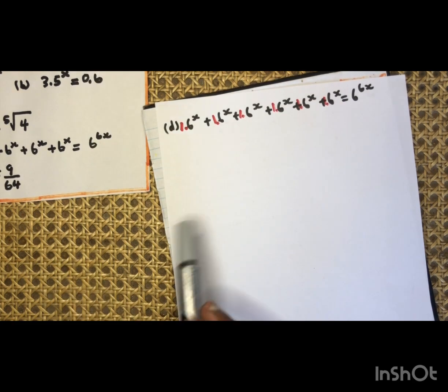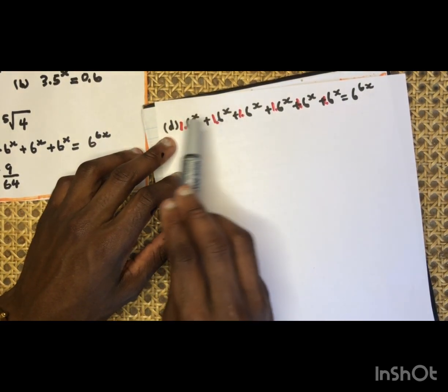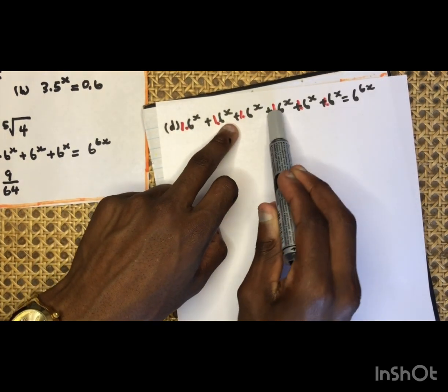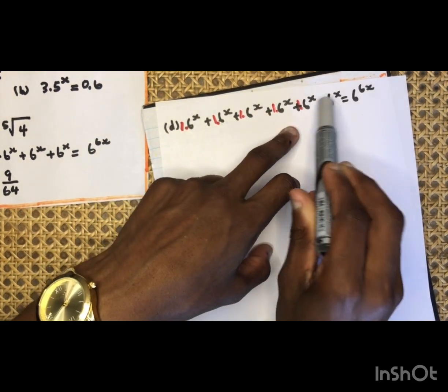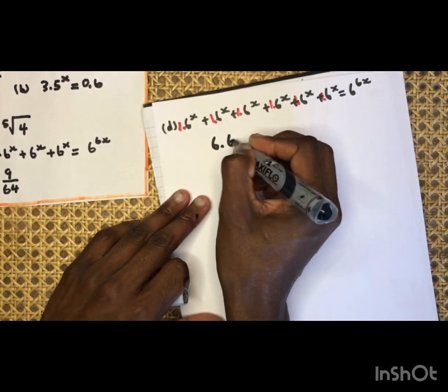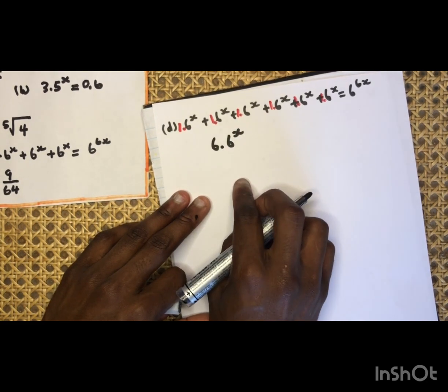So you just say 1 plus 1 is 2, plus 1 is 3, plus 1 is 4, plus 1 is 5, plus 1 is 6. Which means here we have 6 times 6 to the power x.